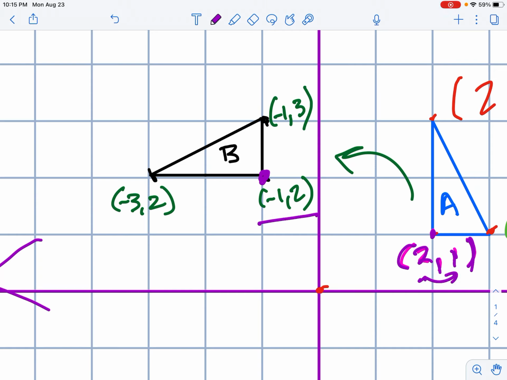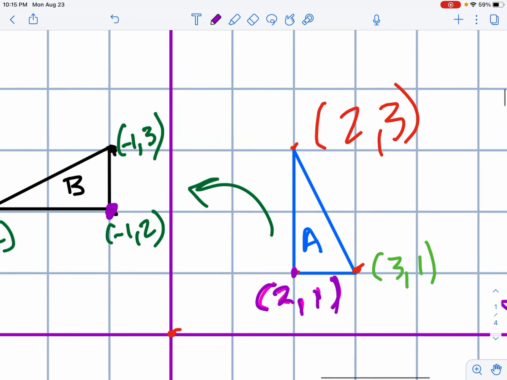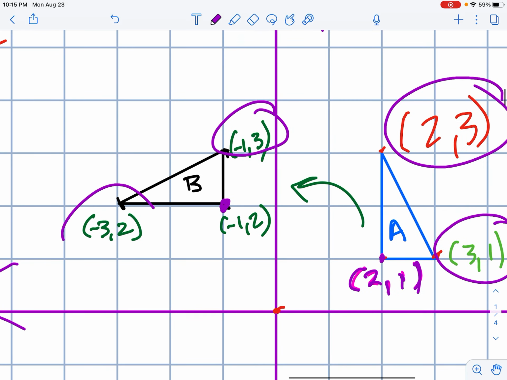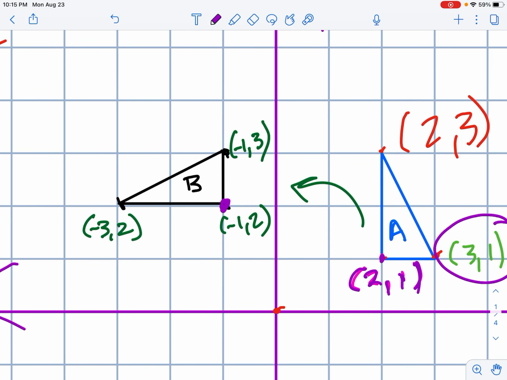So we're essentially switching these around and then changing the sign of the y. As it moves to x, it'll change its sign. So you can see that 3, 1 became negative 1, 3. 2, 3 became negative 3, 2.